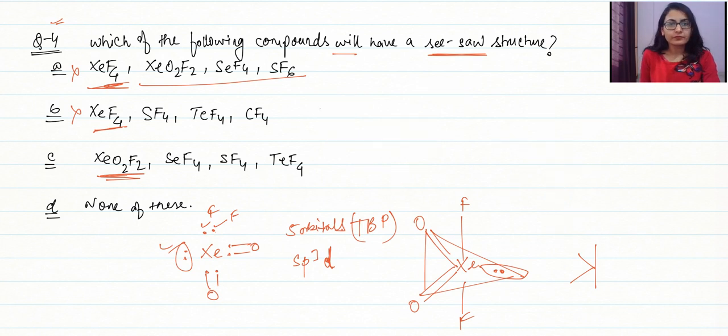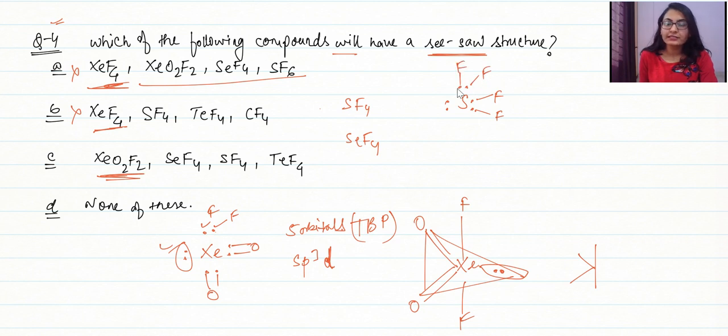What about the other one? Alright guys, so if we are talking about SeF4 basically, SF4, so SF4 as well as SeF4 are going to have the same structure, because they are in the same group. Basically they are in the oxygen family. Right, so I'm just drawing the electrons for sulfur. It is having 6 valence electrons, 1 for fluorine, 2 for fluorine, and there are 4 fluorines like this.